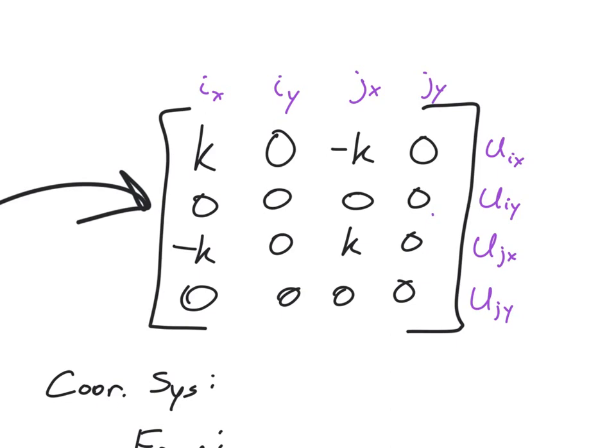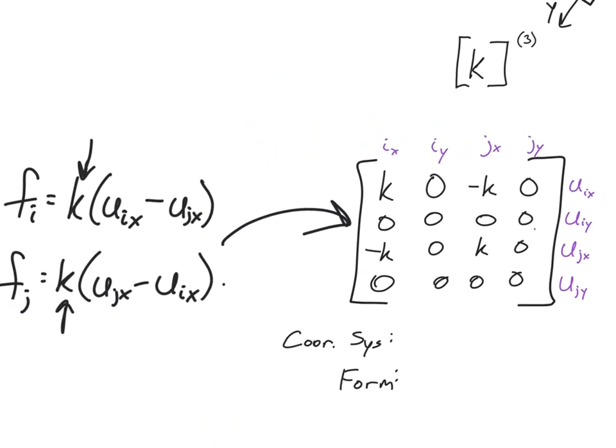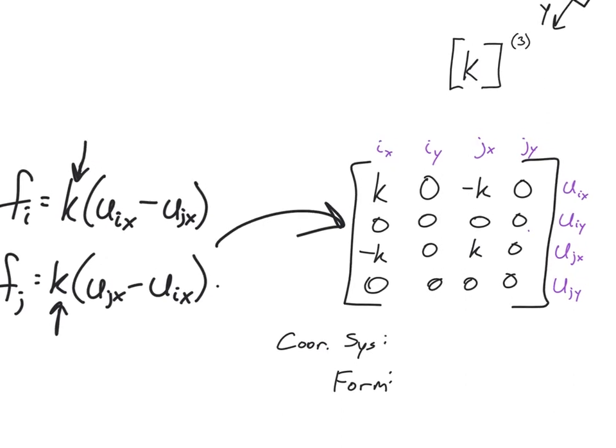i x, and so if we zoom out here again, you can see that here is k u i x, and then we have minus k, and we multiply by u j x, and we get minus the displacement at node j in the x direction.